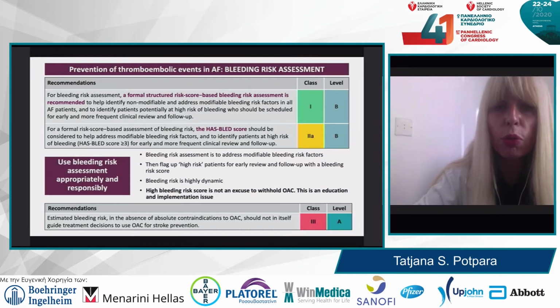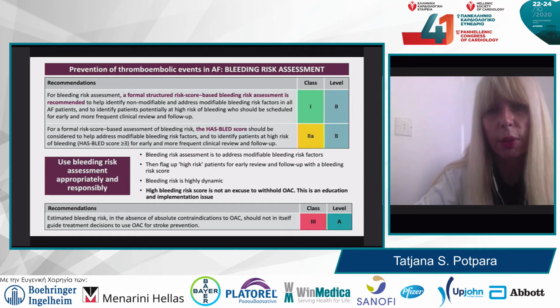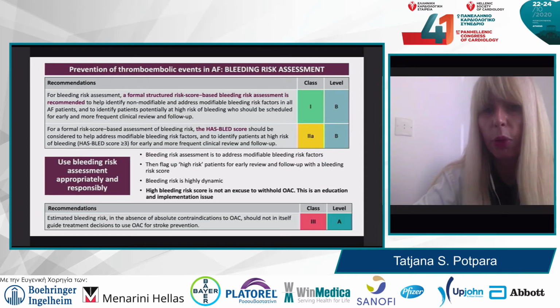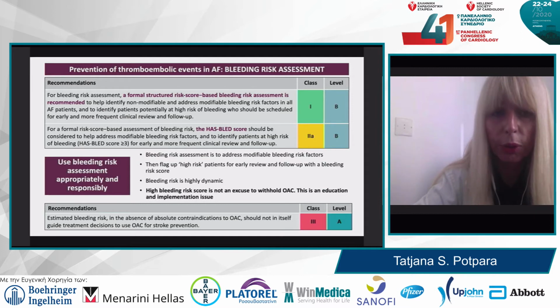Once stroke risk has been assessed, next step should be assessing the risk of bleeding. But there are several important remarks in this field. For bleeding risk assessment, the 2020 ESC-AF guidelines recommend a formal, structured, risk score-based bleeding risk assessment in order to identify non-modifiable bleeding risk factors as well as modifiable bleeding risk factors.